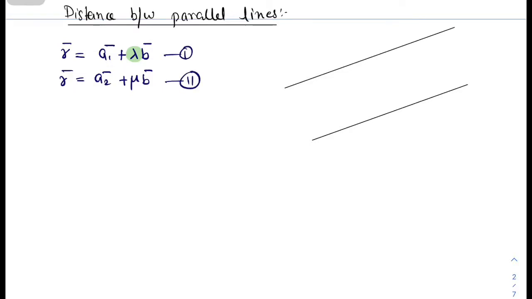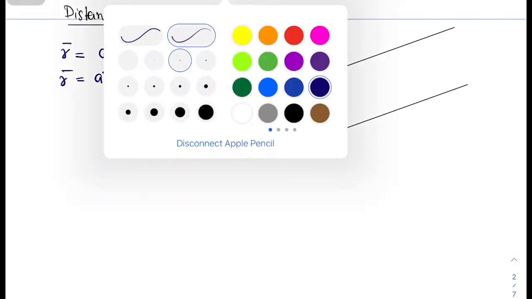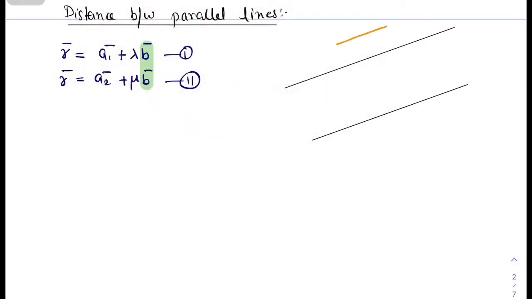One thing is clear, that the parallel vectors in both the lines are the same, and hence let's say I am saying that this is our parallel vector b, so both the first and second lines are parallel to the same vector b and hence parallel to one another.